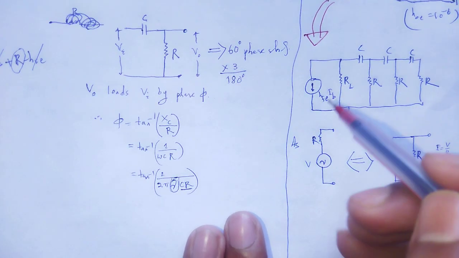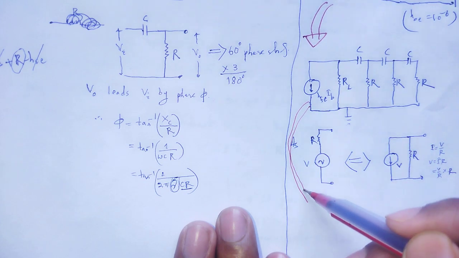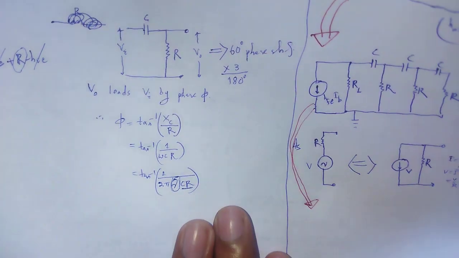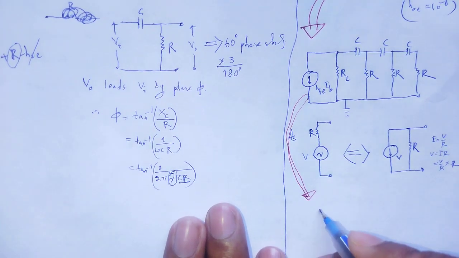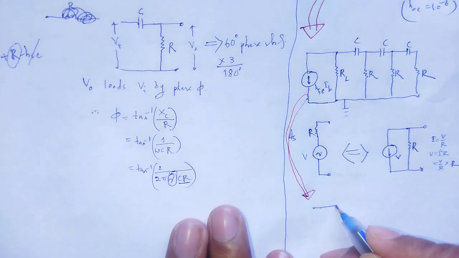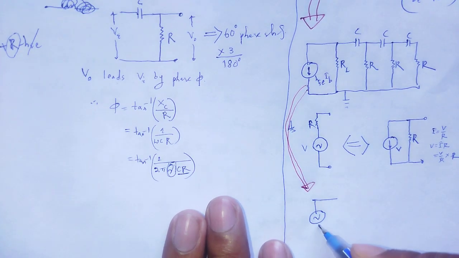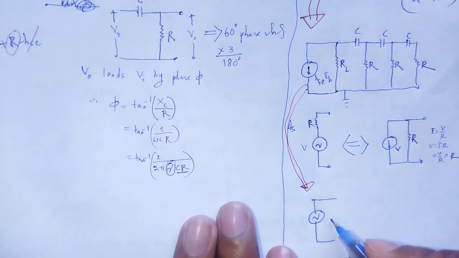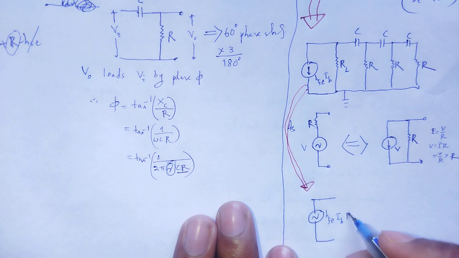So we draw its equivalent circuit. Here is the voltage source, and that voltage source is equal to HFE times the base current IB, with RL.